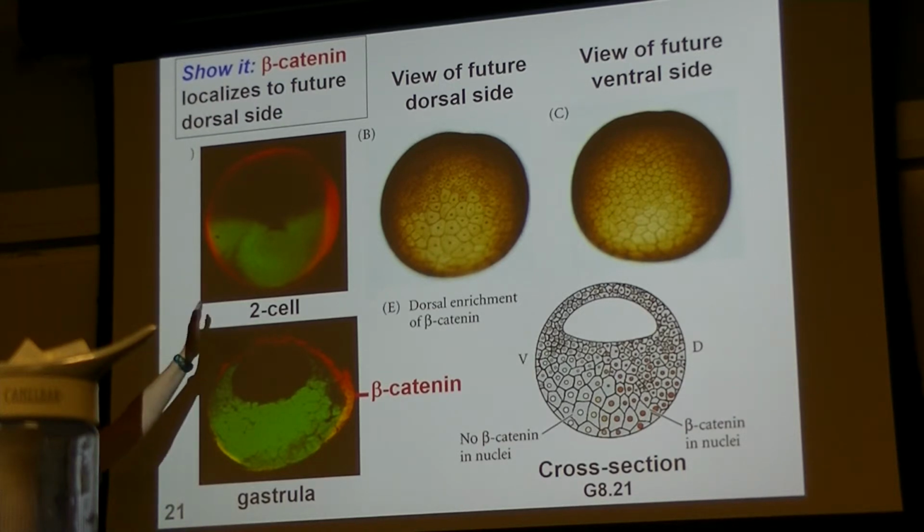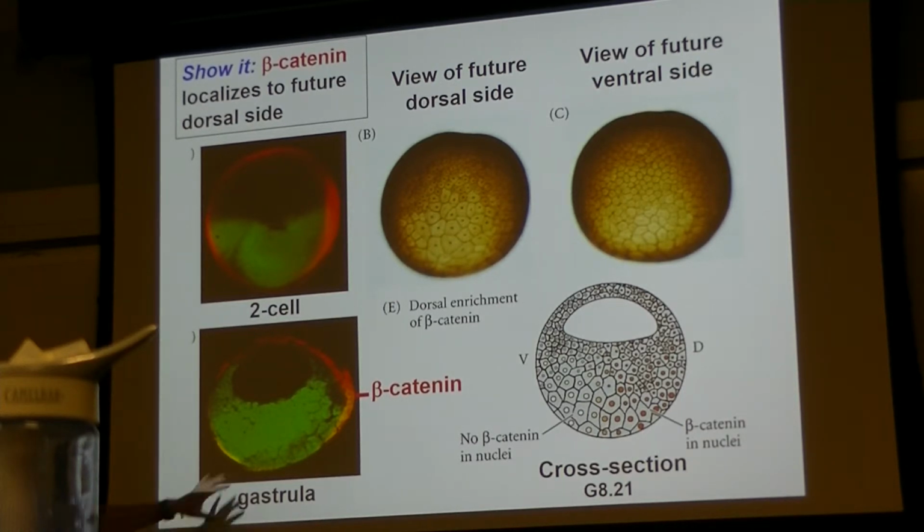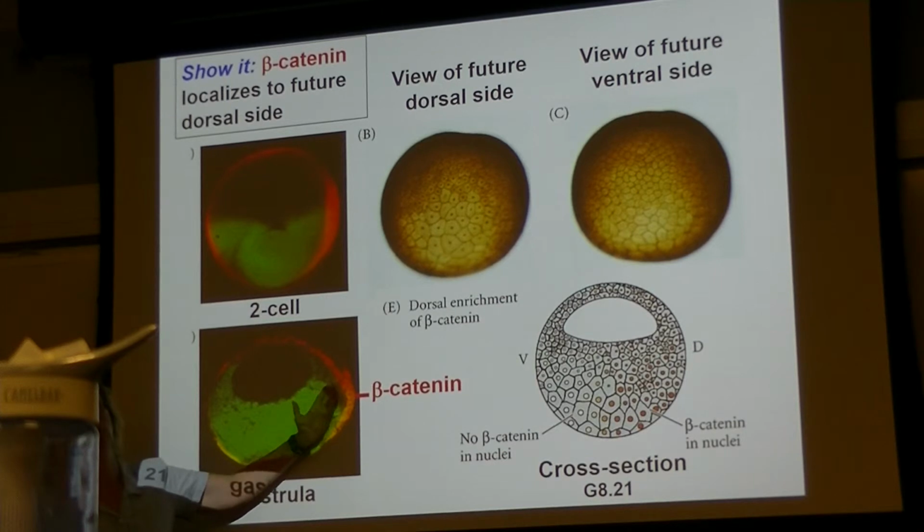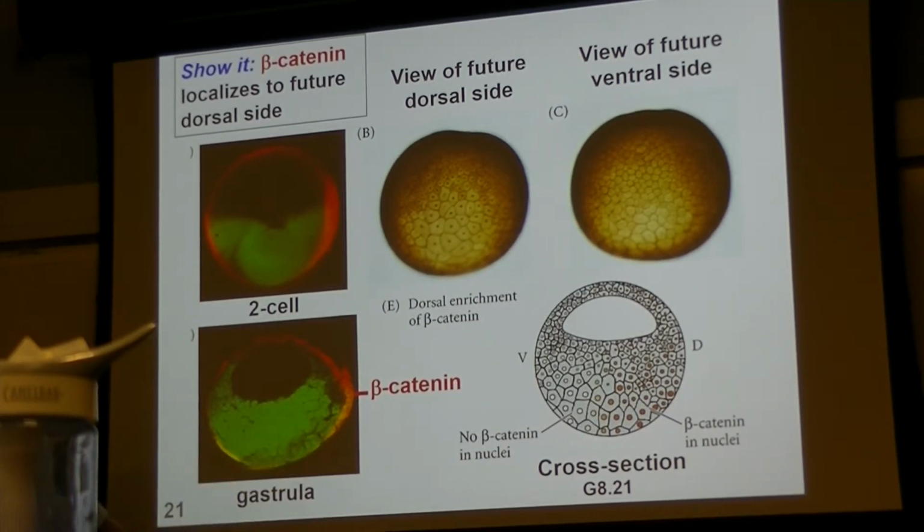At the 2-cell stage, beta-catenin is more or less uniformly dispersed around the cortical cytoplasm. But then in the early gastrula stage, when the embryo is just about to begin gastrulation, beta-catenin is more localized, more enriched over here on the future dorsal side.